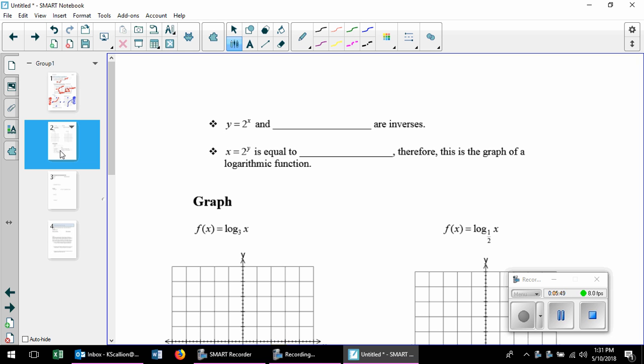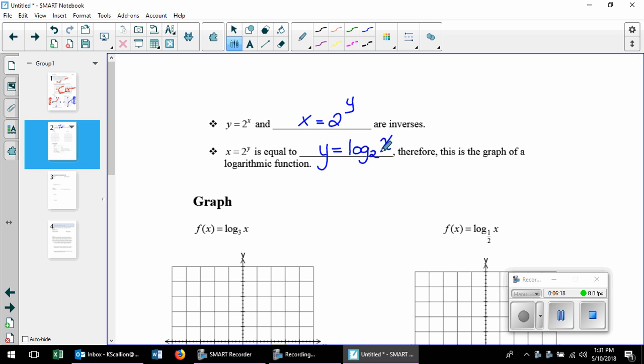So what's the inverse to this equation? x equals 2 to the power of y. So write that as a logarithm. y equals log base 2 x.